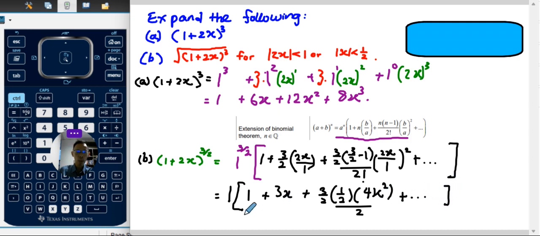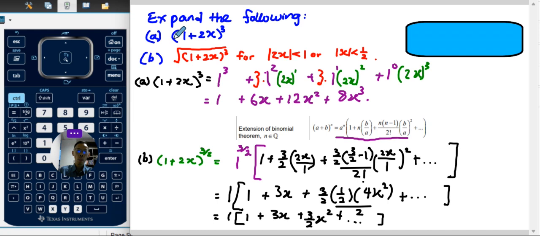It does not stop. So I simplify a little bit more. So this is 1 plus 3x. Over here, 2 times 2 is 4, and this 4 cancels out. So I get 3 over 2 x squared plus dot dot dot, and it continues. So this is part of the expansion of the square root of (1 + 2x) all cubed.